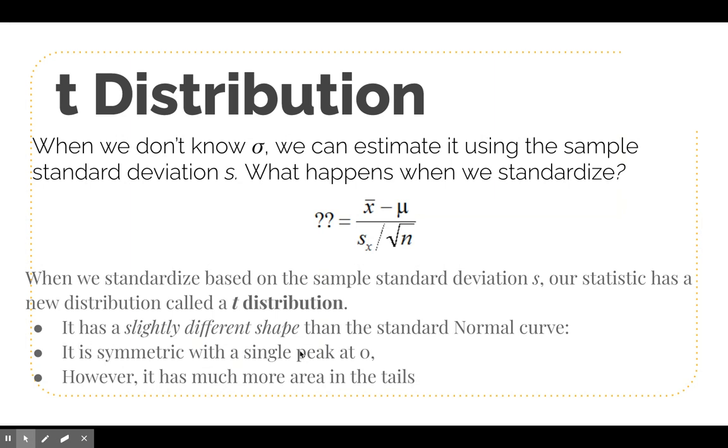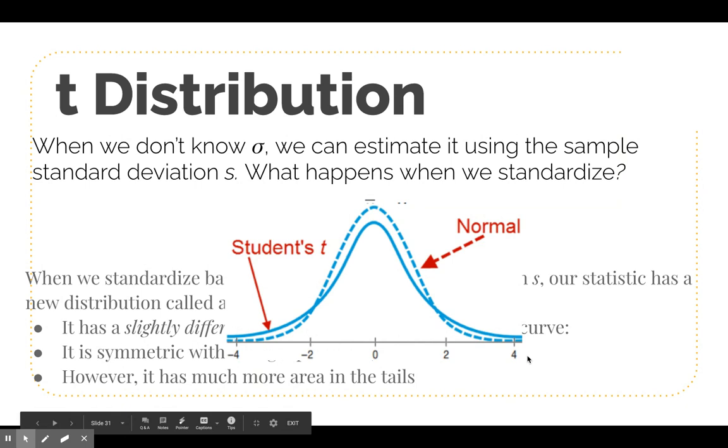It's still symmetric with a single peak. However, it has much more area in the tails. So again, the student's t-distribution is the solid curve here. The normal distribution is the dashed curve. Just a comparison, they look really similar, but the t-distribution has more area in its tails than the normal distribution does.